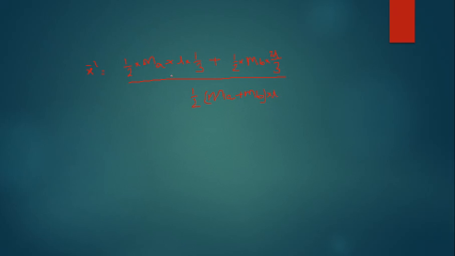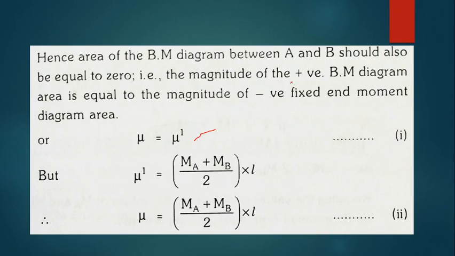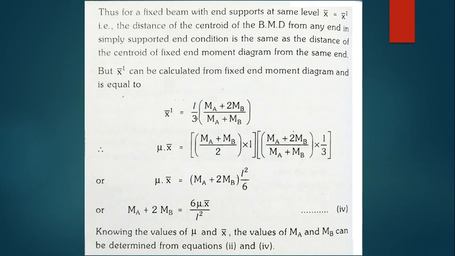Right? So like this also you can calculate, and when you simplify this, you will get the same equation as over here. Yeah, L by 3 into MA plus 2MB by MA plus MB. Let us check now.